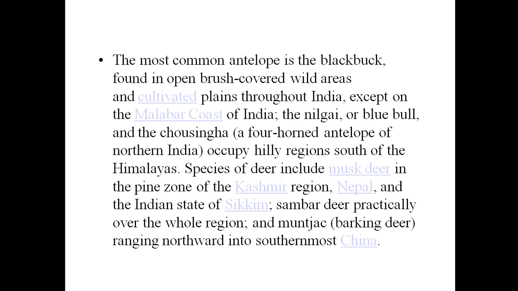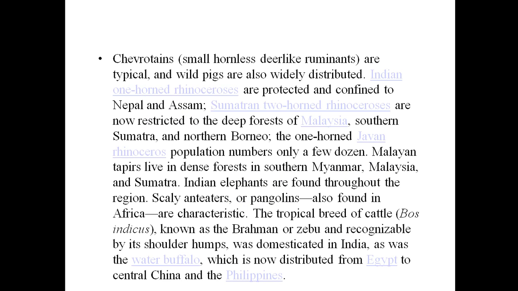There are also many species of deer, including musk deer in the pine zones of the Kashmir region and Nepal, and sambar deer practically over the whole region, even in Manipur and Sikkim. Even the muntjac or barking deer, ranging from the north into the southernmost region, you can see them.